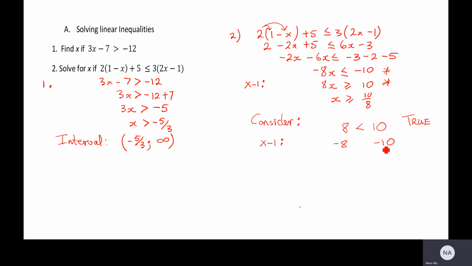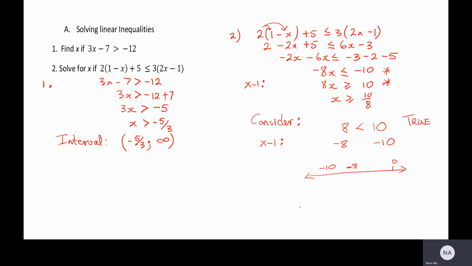Now let's analyze that. Minus 8 and minus 10. Is minus 8 less than minus 10 on a number line? If that is 0, where's minus 8? Here's minus 8. There's minus 10. So minus 8 is to the right of minus 10.